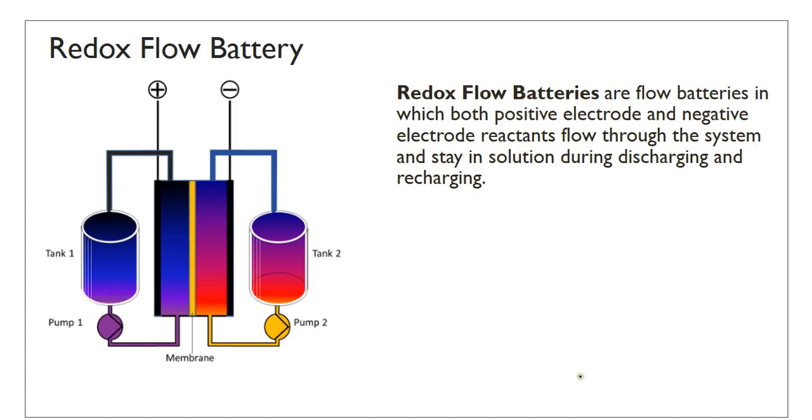So redox flow batteries are flow batteries in which the positive and negative electrode reactants flow through the system and stay in solution. The main difference between the redox flow battery and a regular rechargeable cell is that everything is in a solution, hence the name flow, like things flow.